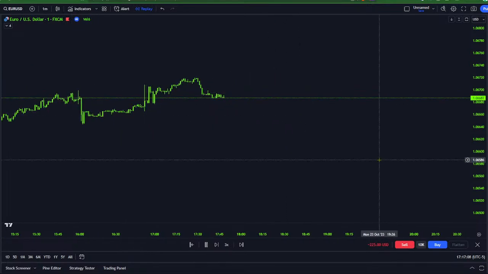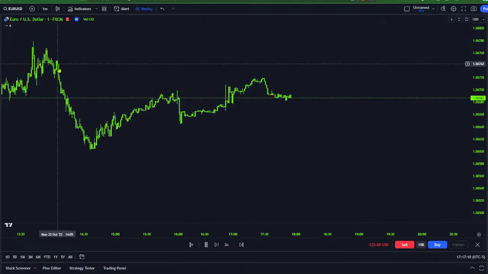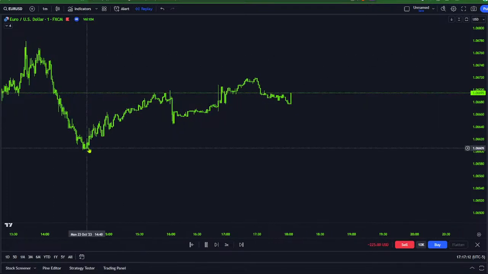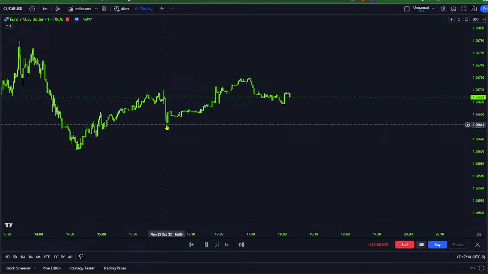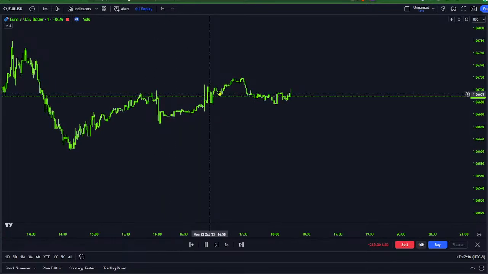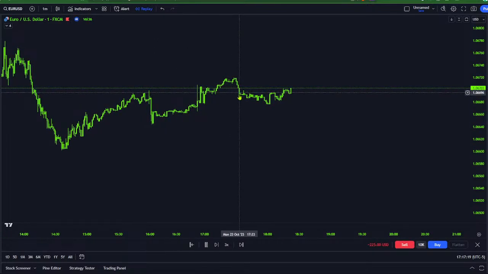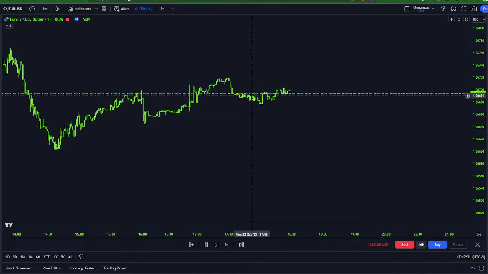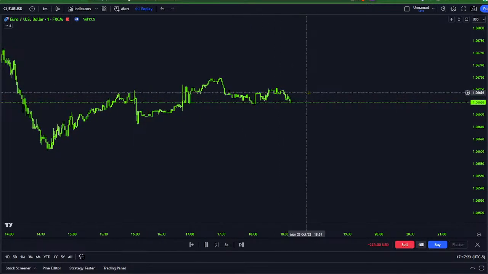Let's see if we can catch some of these moves. So we got a nice downswing here and a slow build up, another down, and then a slow build up, and then kind of a soft down, then a range.